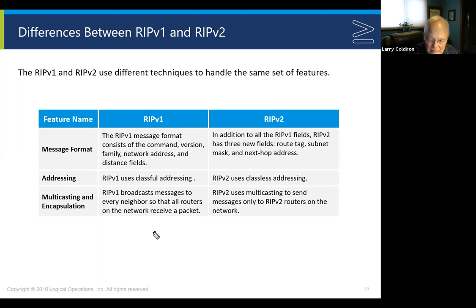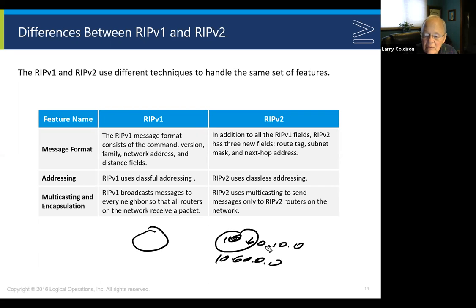If we had a device over here on a 10.60.0.0 network, we could have the 10.60.10 network, the 10.60.20 network, the 10.60.30 on down the line, because the route would go to the 10.60 network.